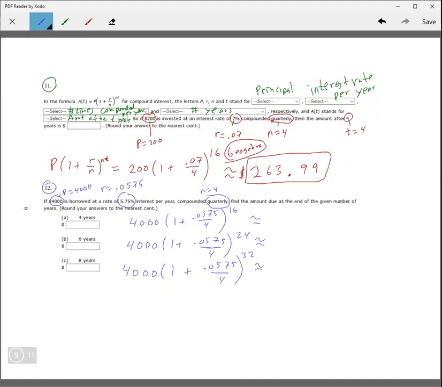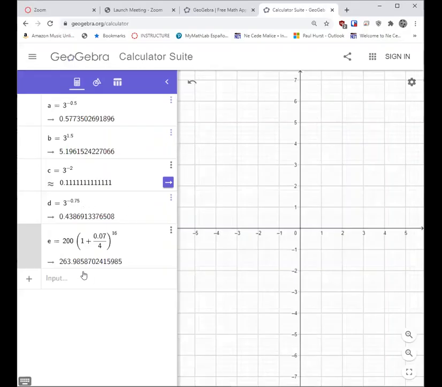So let's go over to Geogebra. And we can just put it in right here again. 4,000 times 1 plus 0.0575 divided by 4. And then I'm going to raise that to the 16th power.